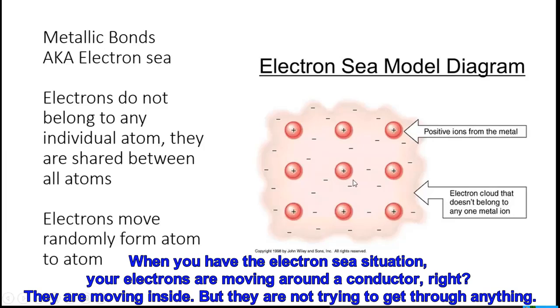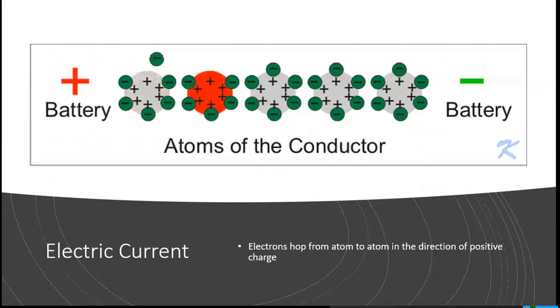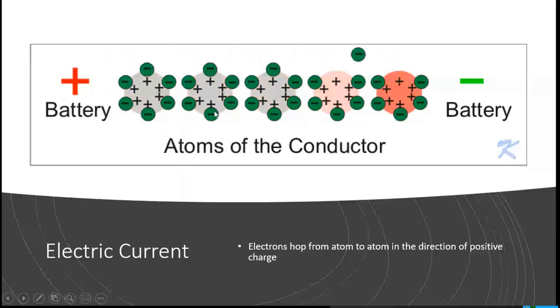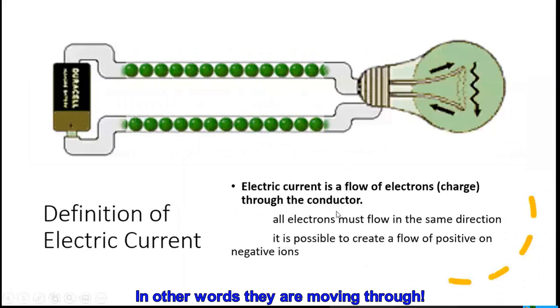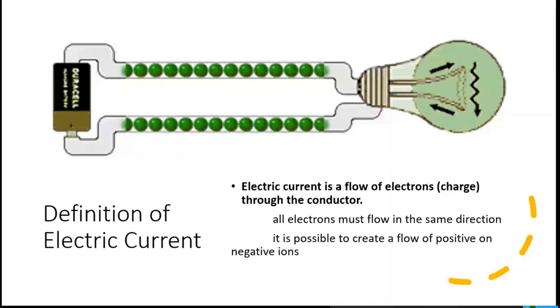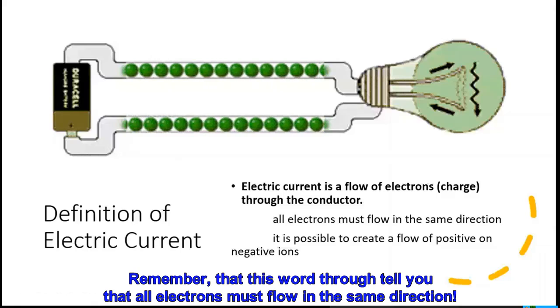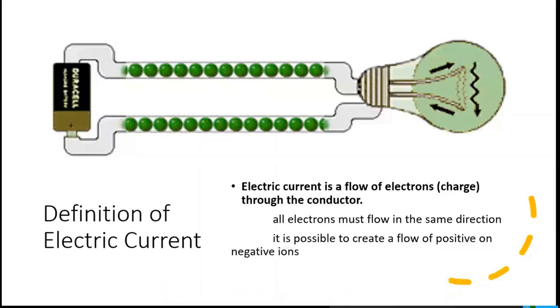They're moving inside, but they're not trying to get through anything. Now, in this situation, you literally have a bunch of electrons trying to move to the positive charge. In other words, they're moving through. So the key thing to remember is that this word through tells you that all electrons must flow in the same direction, okay?